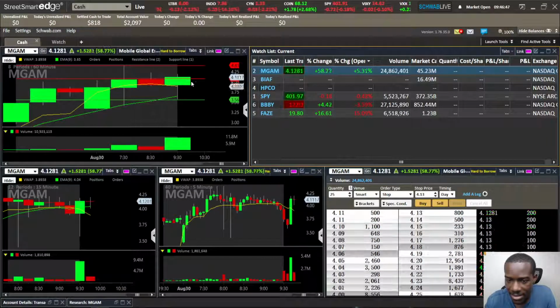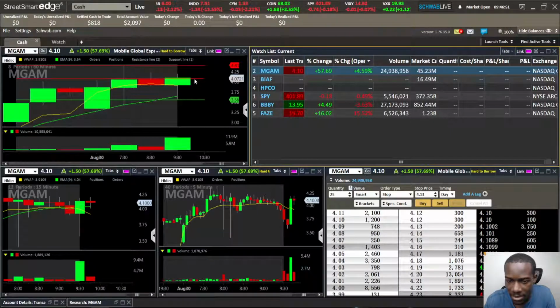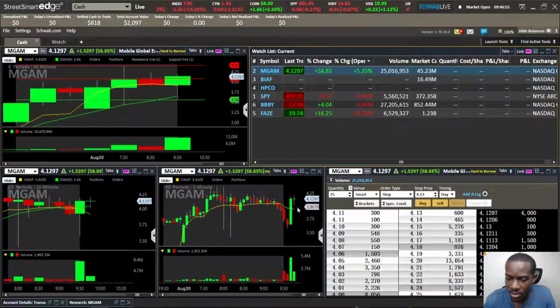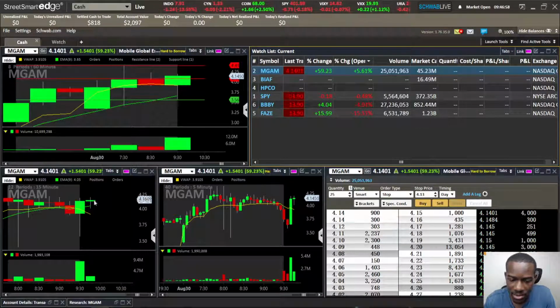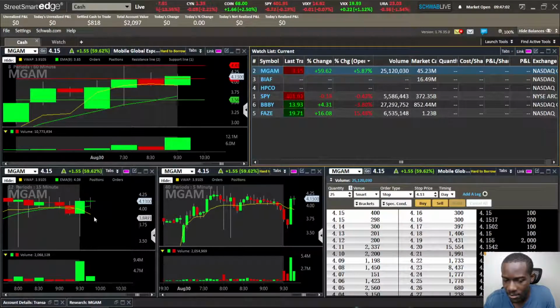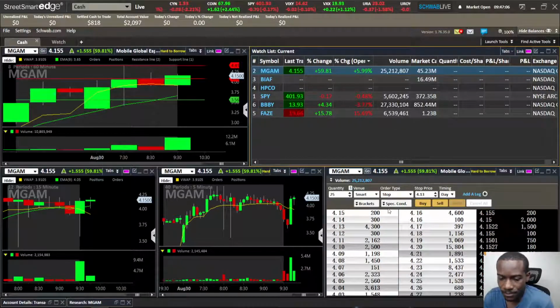MGAM up here still trying to hold this $4. Has not tested down on this bottom yet of the 4, like the 405s, right at the 4. It got one little 5-minute test, but hasn't really claimed it as a bottom yet. But there is a little bit of buying pressure here. Let's see what happens.